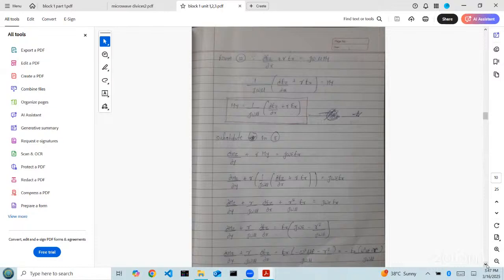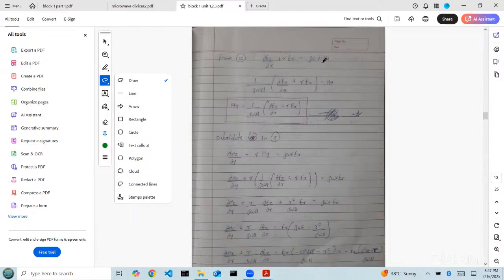From that, what do you have to do? Just check the screen. The j omega mu on the RHS side, shift that to the LHS side and write the equation only in terms of Hy. My final intention is what?